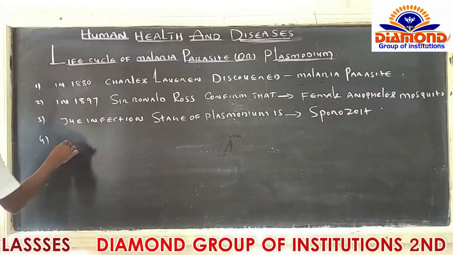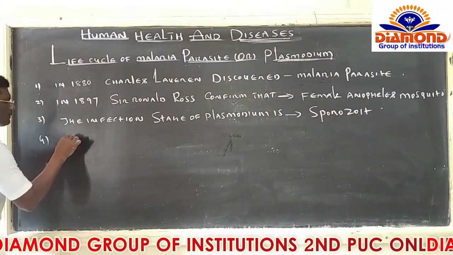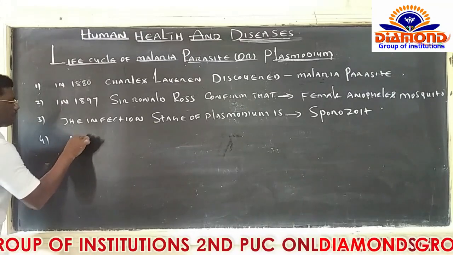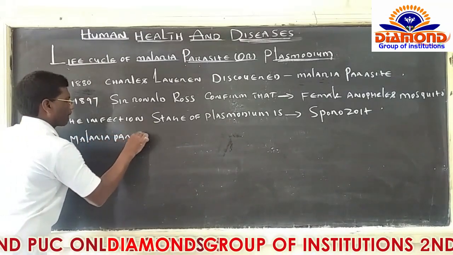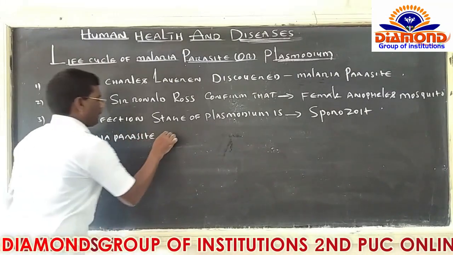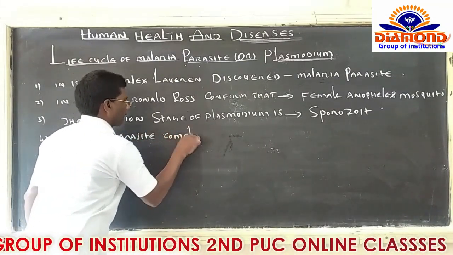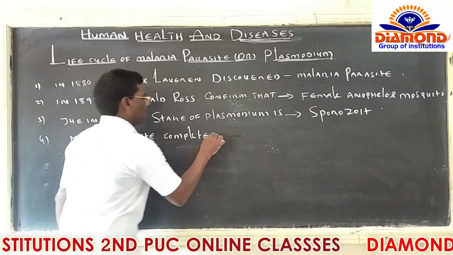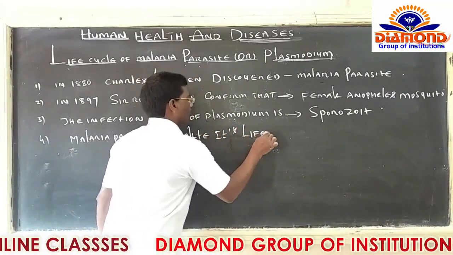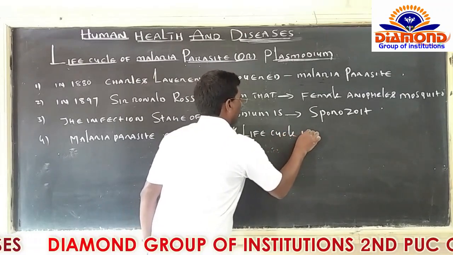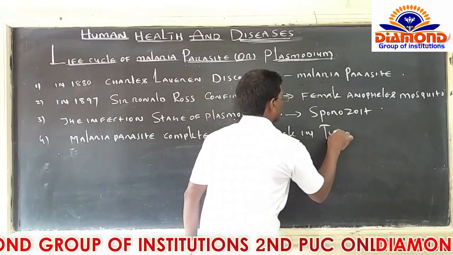Number 4, Plasmodium or the malaria parasite completes its life cycle in 2 hosts.